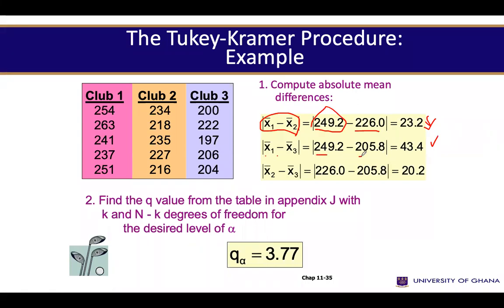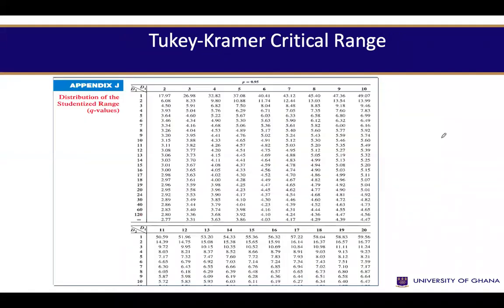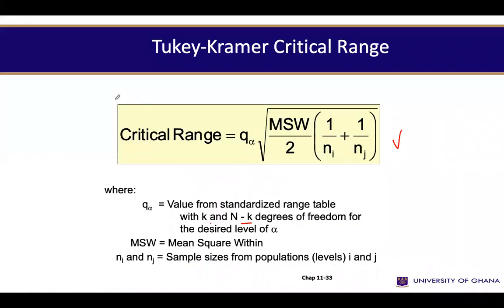Then I compute the difference between club 2 and club 3 and I get 20.2. Those are the differences. Now, once I have these absolute differences, I'm going to compare them with what we call the critical range.